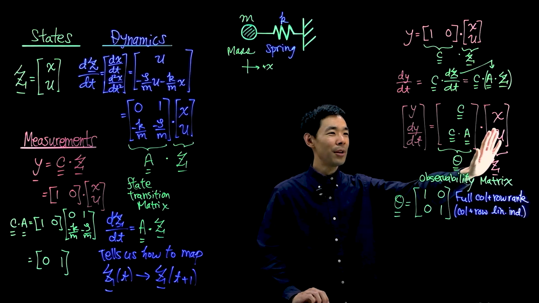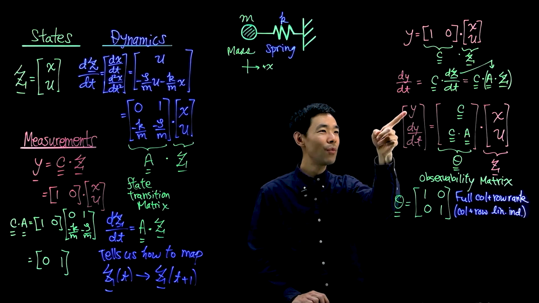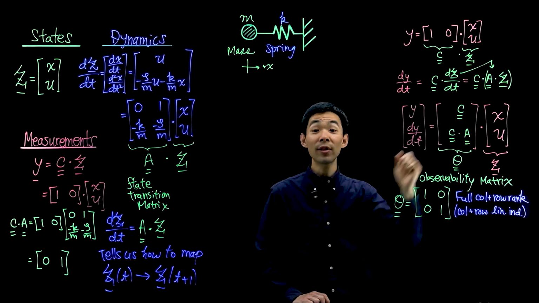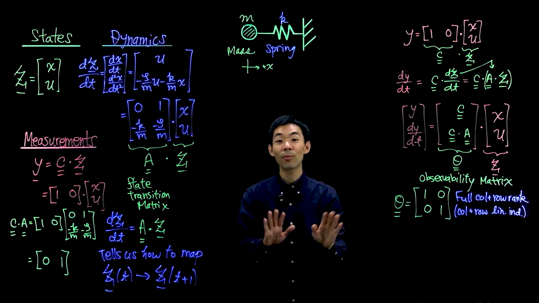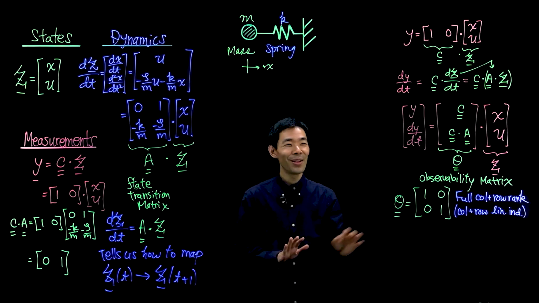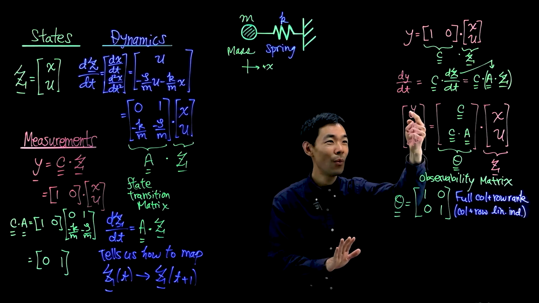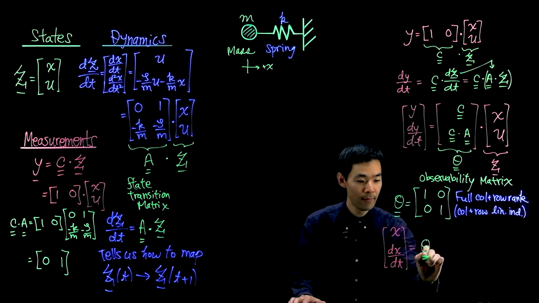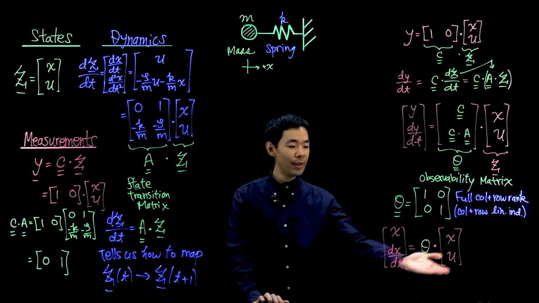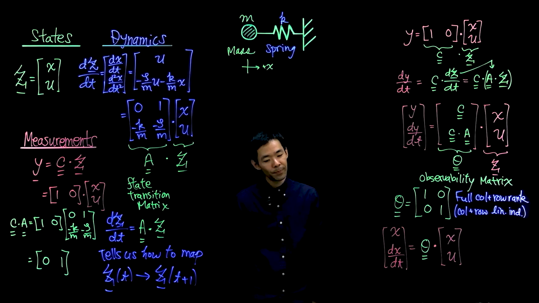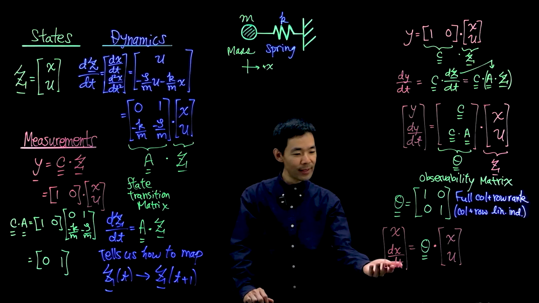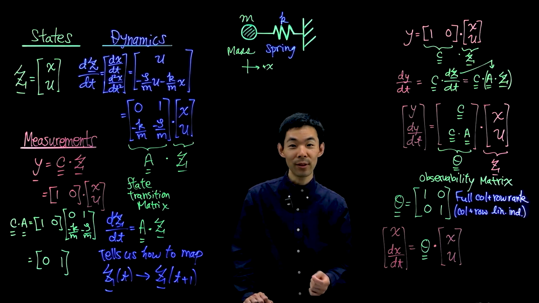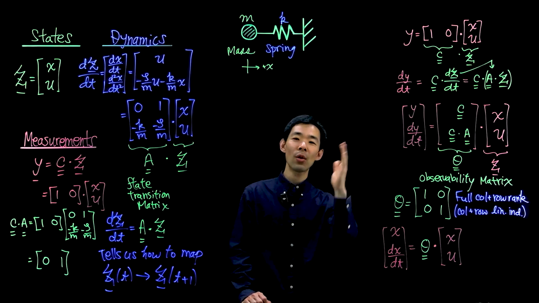We have this equation. We have measurements of y, which in this case is just your position x. We don't have measurements of your velocity. So let's write this down with y replaced with the position x. We have this equation down here. Now, the left-hand side are your measurements. You've taken pictures of the mass going back and forth.